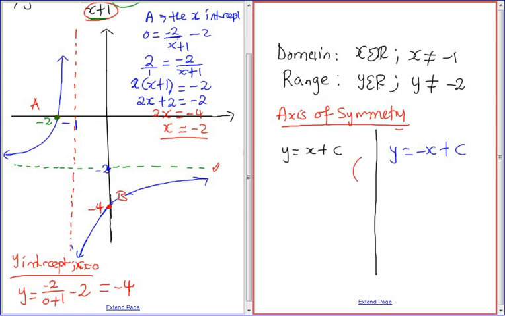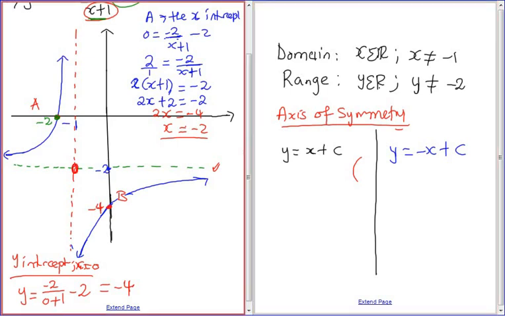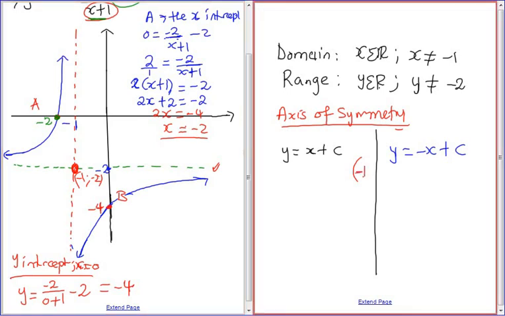And which coordinate do you use to get your C value? Well, if you were listening, you go to where the asymptotes intersect. Right there. The x value at this point is definitely -1. And the y value at that point is -2. So you're substituting p and q here. So it's -1 and -2.